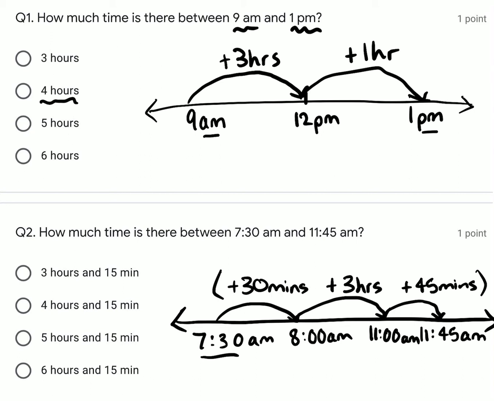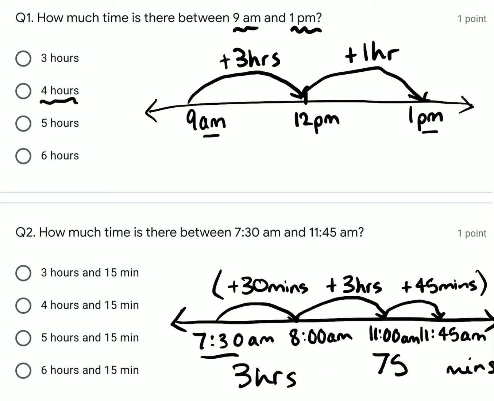Okay, so 30 minutes plus 3 hours plus 45 minutes. So our hours, we've got 3 hours. Our minutes, we've got 30 plus 45 minutes. Now 30 plus 45, that's 75 minutes, which is actually more than an hour, isn't it? Because there's only 60 minutes in an hour.